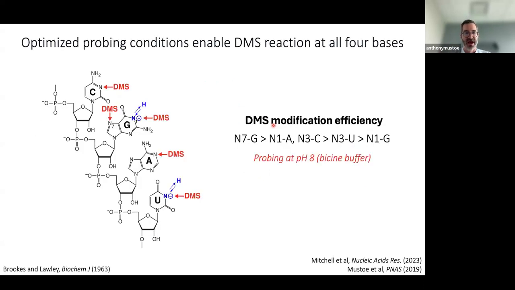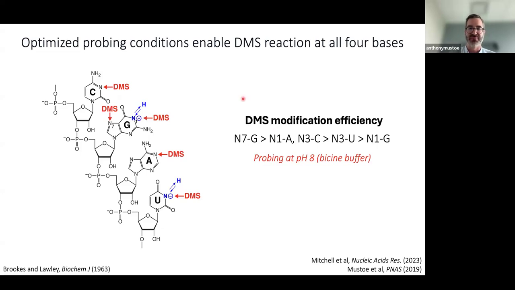Okay, so before I get started talking about the new stuff, I'll rewind to work that I started as a postdoc in Kevin's lab, trying to address this issue of DMS only being able to measure A's and C's.